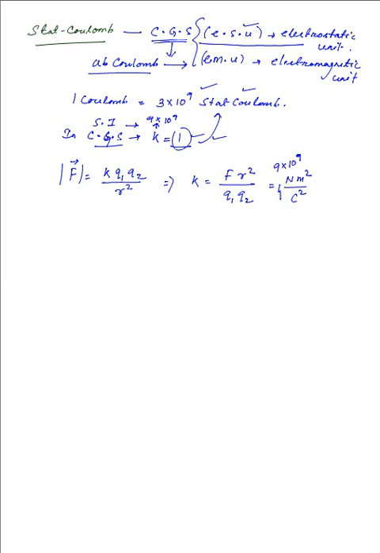That is the value that we are getting here. Now this is in the SI system. Now in the CGS system, we have the value of K to be equal to 1, and that is in dyne centimeter squared over stat coulomb squared. I'll write it as stat C. It's ideal to write stat coulomb, but just for explanation I'm using the shorthand notation.